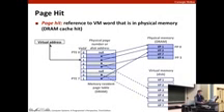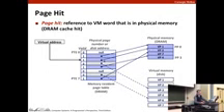The MMU looks up in the page table, and let's say this virtual address is somewhere within virtual page 2. So the MMU looks up page table entry number 2, and it extracts the physical address of that virtual page 2. So that's a hit.